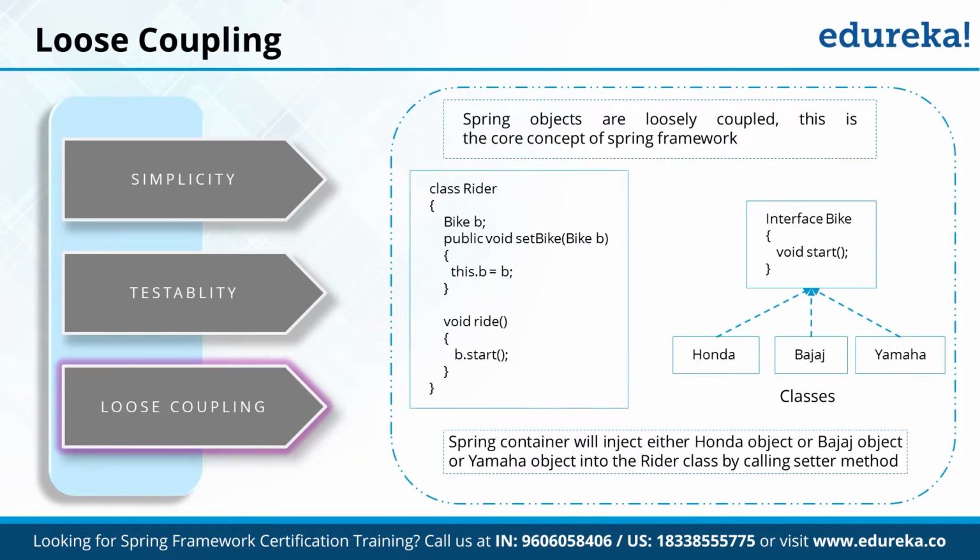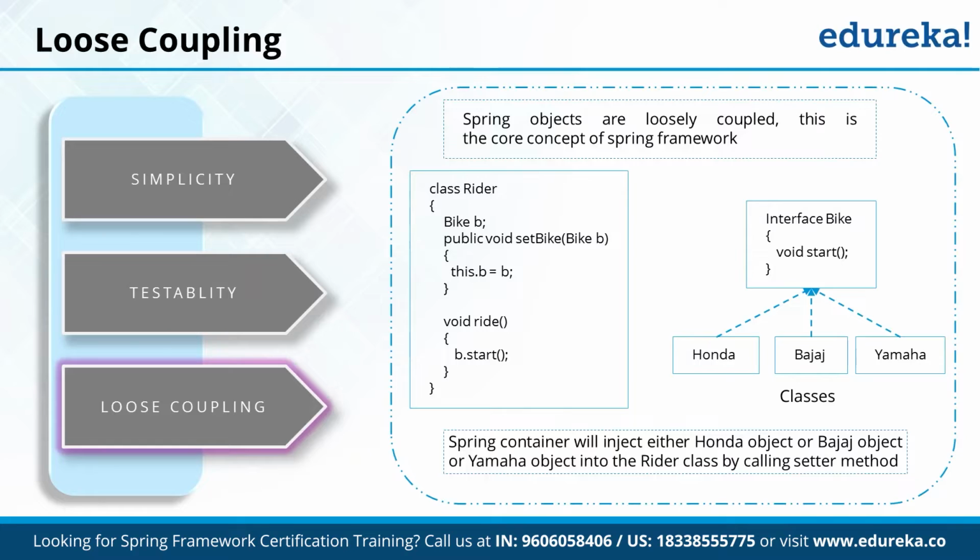Then we got loose coupling. Here we are trying to understand that Spring objects are loosely coupled. For this, first of all, we must understand what is meant by the term coupling and what this loose coupling is all about, right? Consider that you got a class Rider, right? And we got a Bike. The reference to the Bike object is initialized in the setBike method, right?